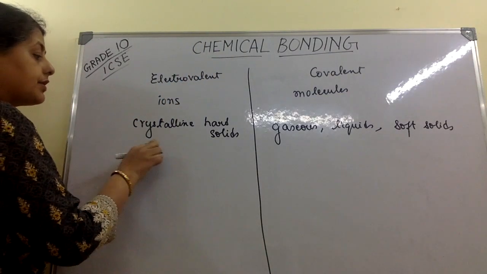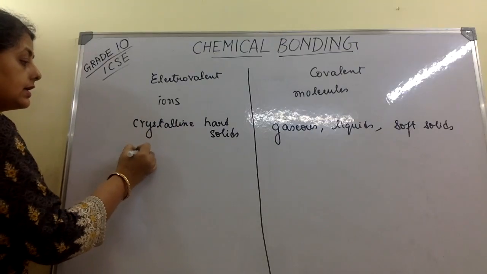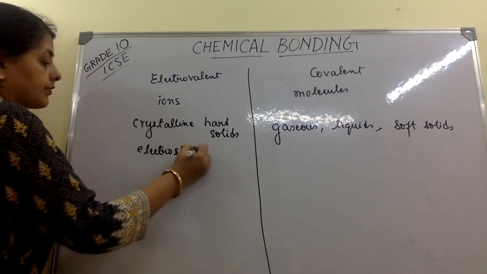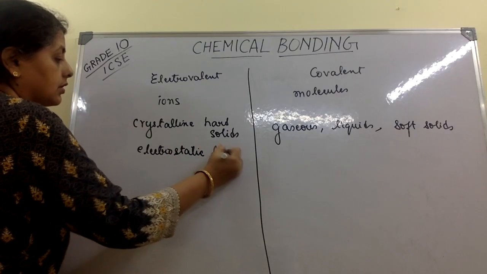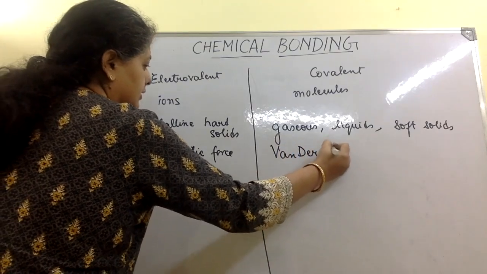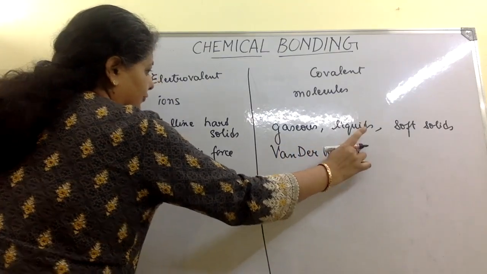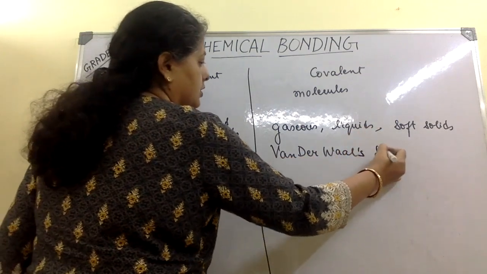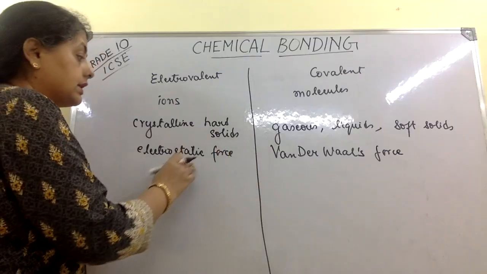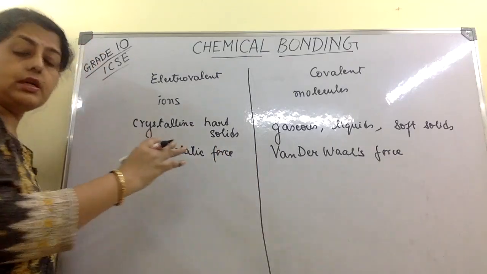Now, the force of attraction between the ions is electrostatic force. Here we have van der Waals force. This is the force that exists between molecules, and this is the force that exists between ions.